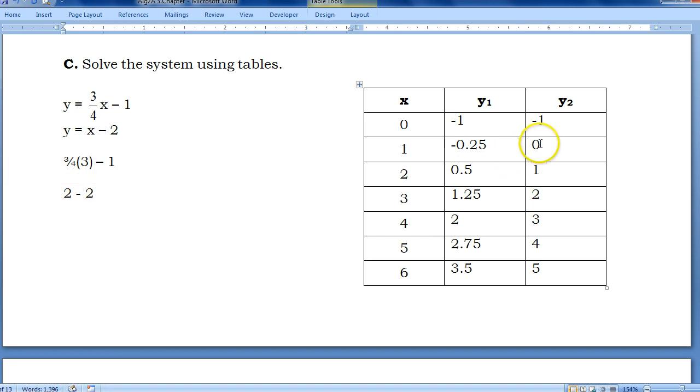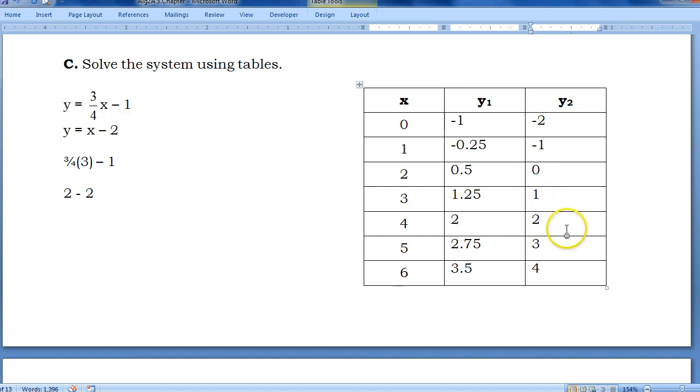I was trying to figure out why these weren't looking right. Okay, I apologize. So this first one would have been 0 minus 2 gave me negative 2. 1 minus 2 gave me negative 1. 2 minus 2 gave me 0. 3 minus 2 gave me 1. And that's how I filled in the values in this column.